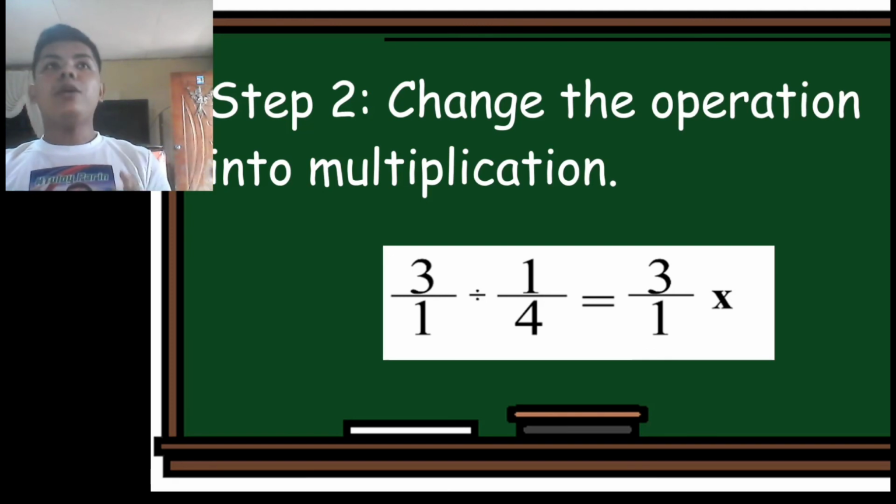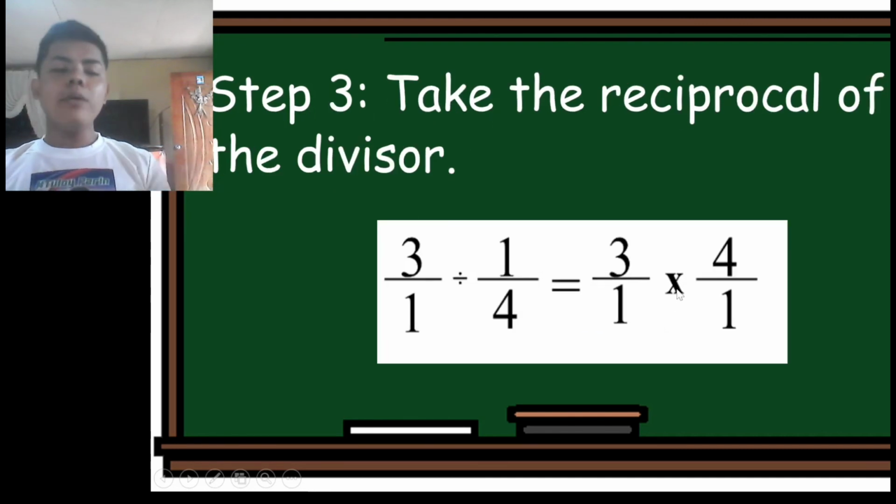Why do we need to use multiplication rather than addition or subtraction? It's because the opposite of division is multiplication. Next, our step 3 is to take the reciprocal of the divisor.